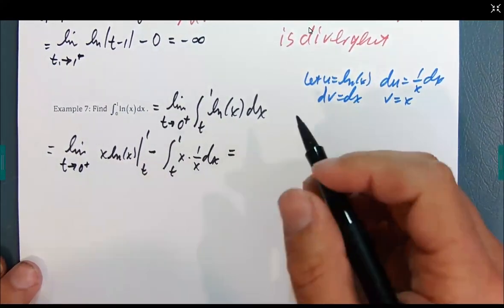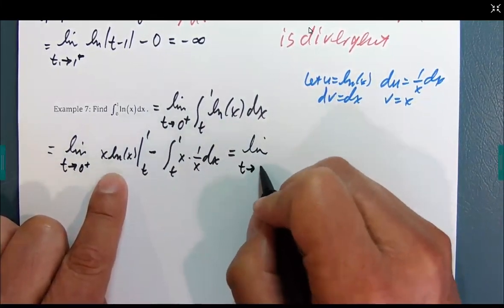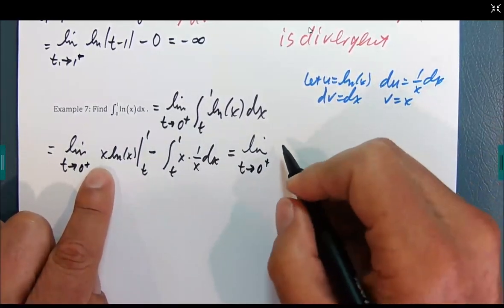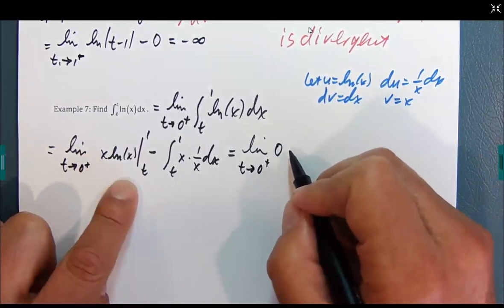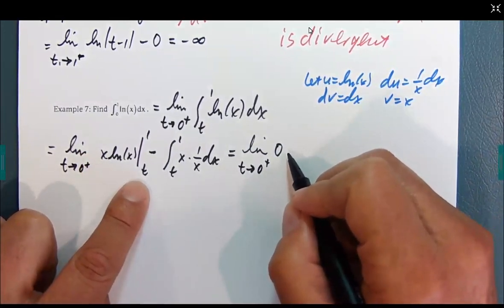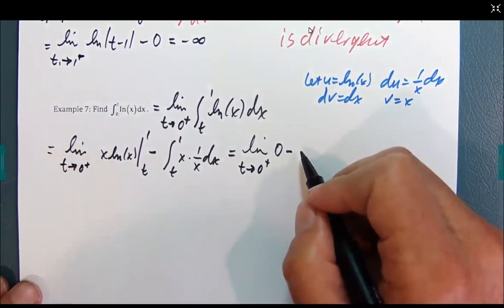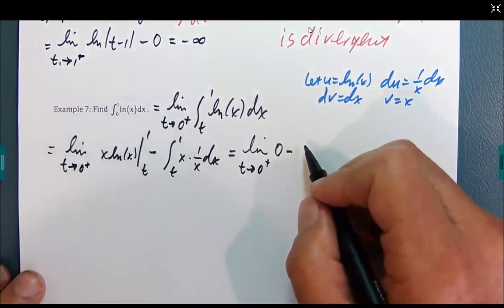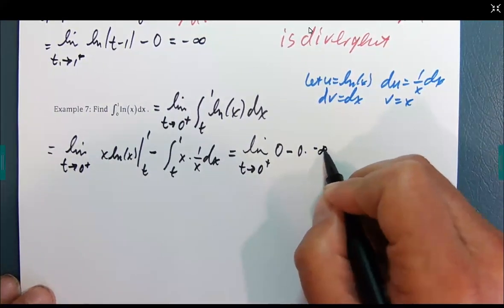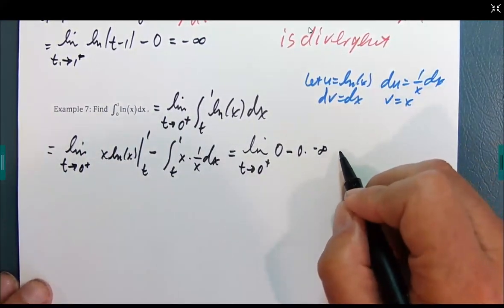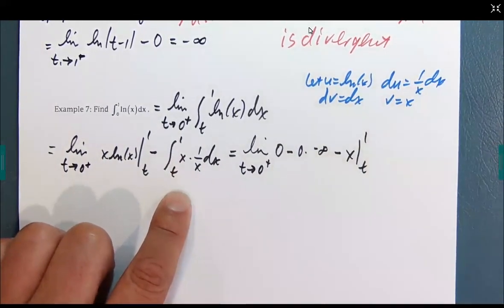And we end up with the limit as t approaches 0 from the positive side. I get 1 there, ln of 1 is 0. And as t approaches 0, that's going to be minus, I'm going to get 0 times infinity. So actually, I'm going to get 0 times -infinity, which we'll deal with here in just a moment, minus, that just becomes x from t to 1.